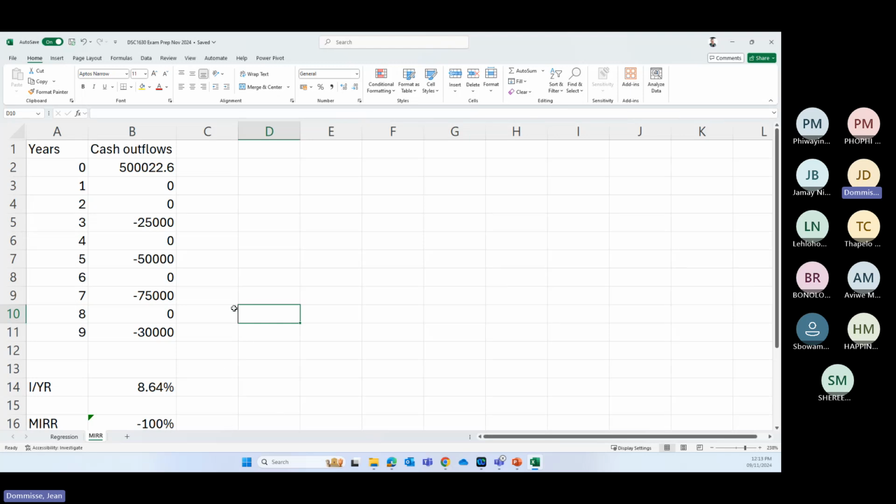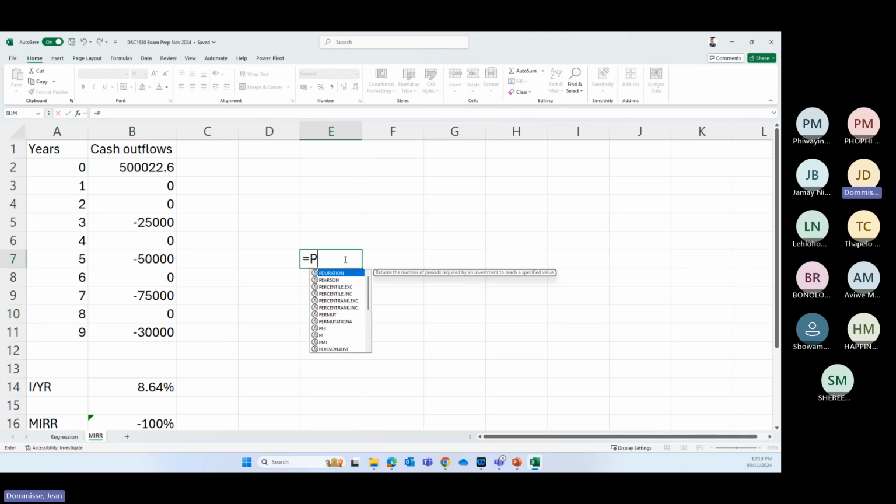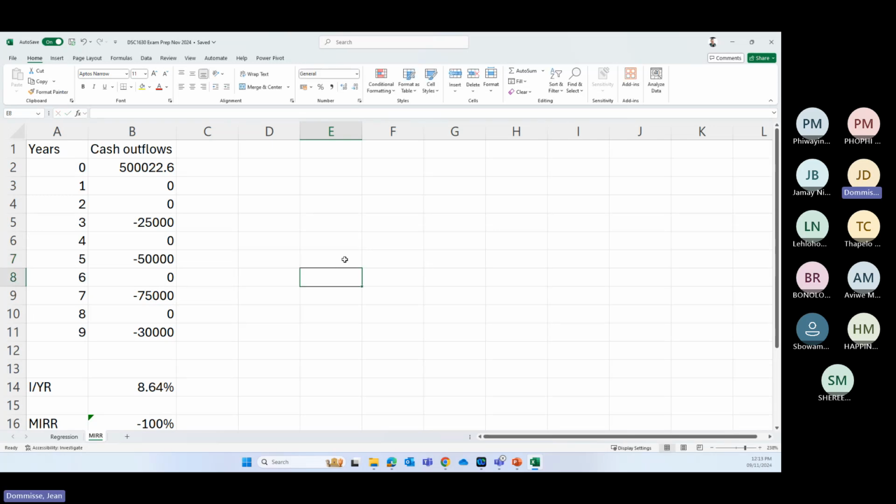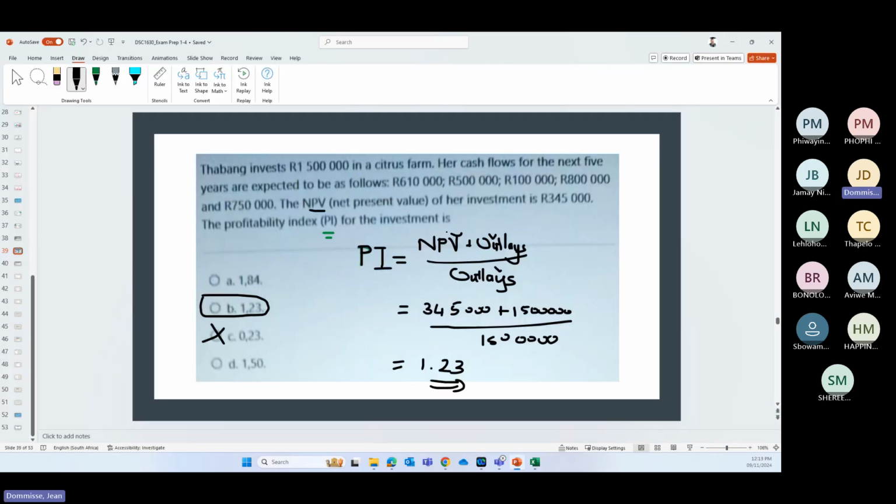Let's just make sure, I don't think there is, no, there isn't a profitability index on Excel. The probability index will be pi, that is the mathematical pi, so no profitability index, unfortunately.